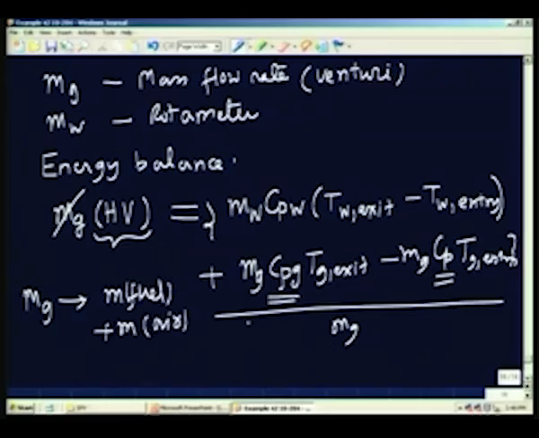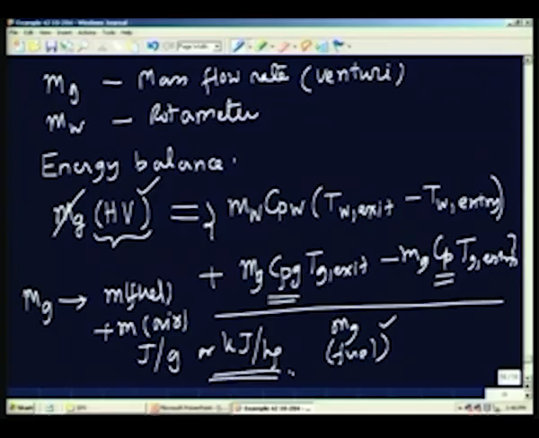So, here I have to clarify, this will be the fuel part only on the left hand side, we have to make that change here. So, if we do that, you get the heating value. This heating value is going to be in the units of so many joules per gram or kilojoules per kg or some such unit. Okay.